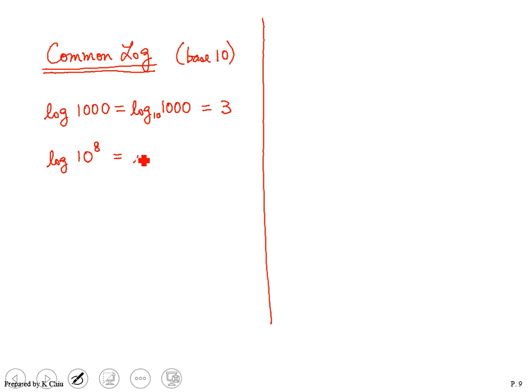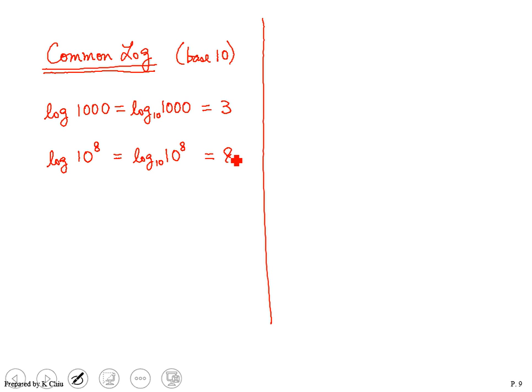That would be log 10 to the 8 with the base 10. So in my mind, I'm thinking of 10 to the what is equal to 10 to the 8. Can you tell me what the what is? It will be 8, right?